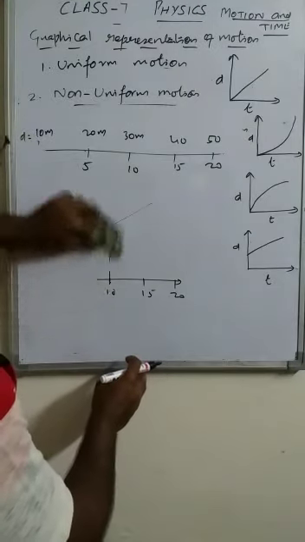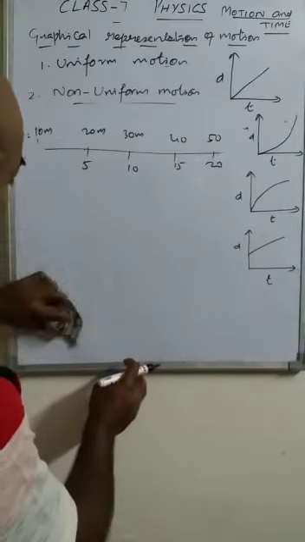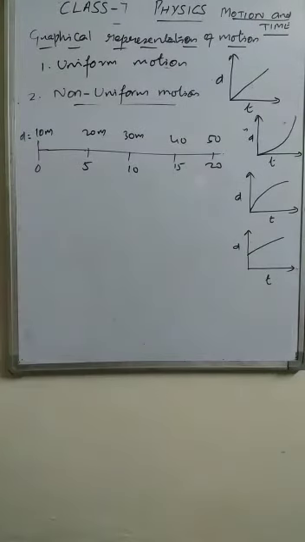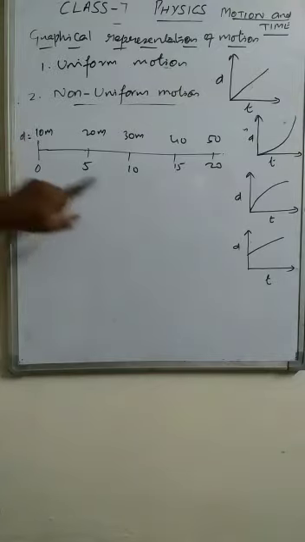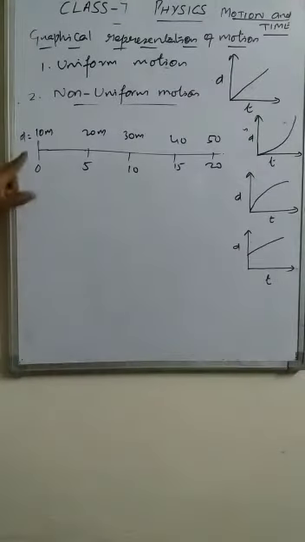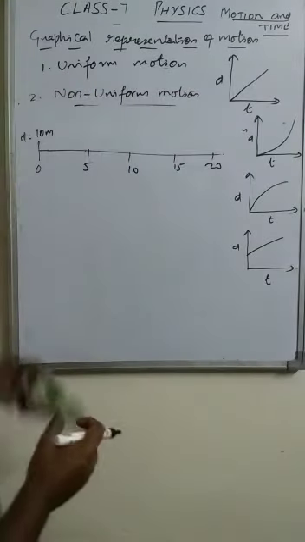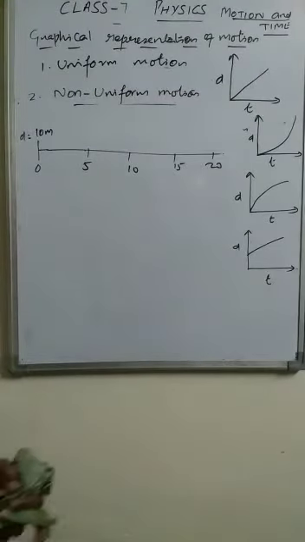Now we take the time interval 0, and in the earlier case, the first case, it is ahead of the origin at a distance of 10 meter. Then we start to observe the motion of the object.